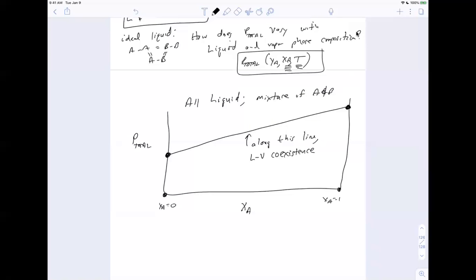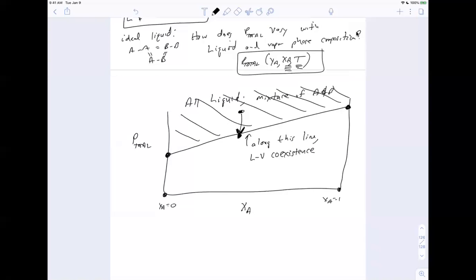So what this told us, as part of the phase diagram, is that up here we have liquid, and if we start at any point in that system at that total pressure and composition and lower the pressure, so let's say we started here and we lowered the pressure, at some point we would hit conditions where we would start forming vapor. Okay? And so this is the point at this pressure, at this composition.